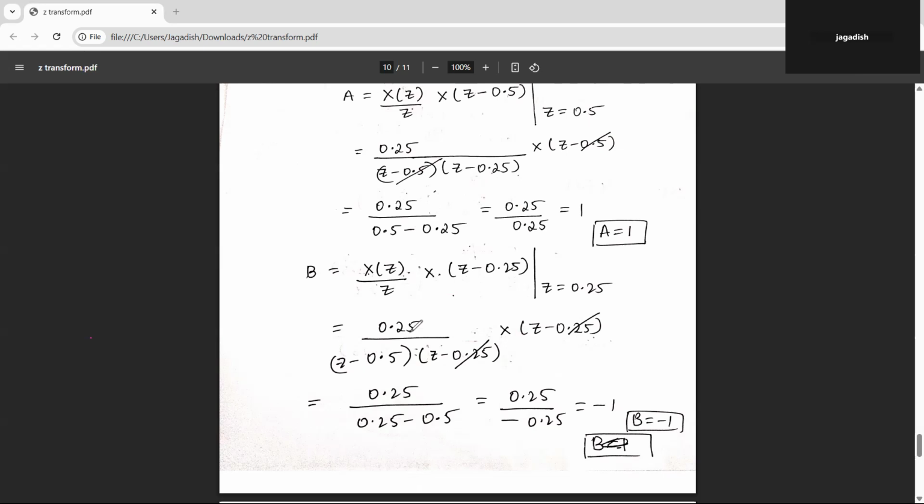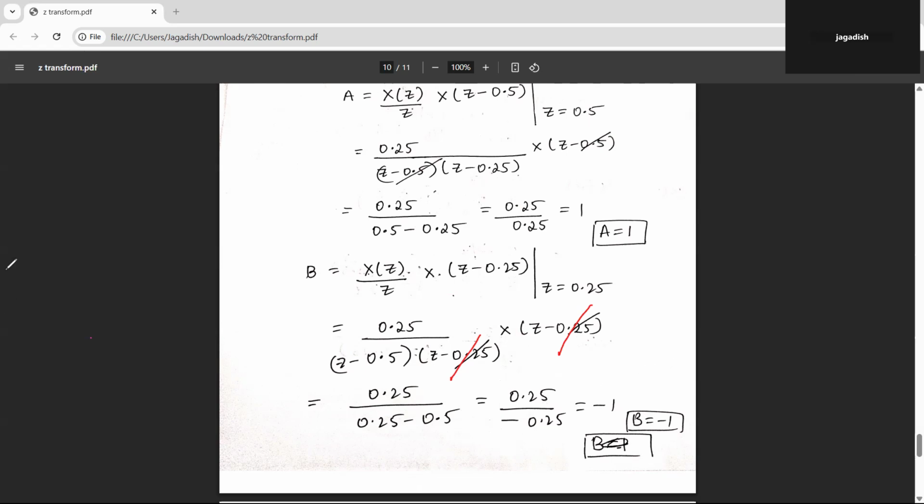So 0.25 divided by (z minus 0.5) into (z minus 0.25), into (z minus 0.25). This z minus 0.25 and this z minus 0.25 will get cancelled. Substituting z as 0.25, we get 0.25 divided by (0.25 minus 0.5), which is 0.25 divided by minus 0.25, equal to minus 1. So the B value is minus 1.